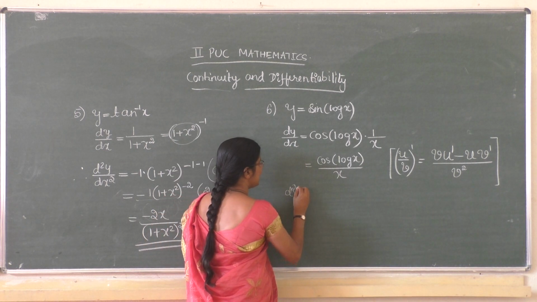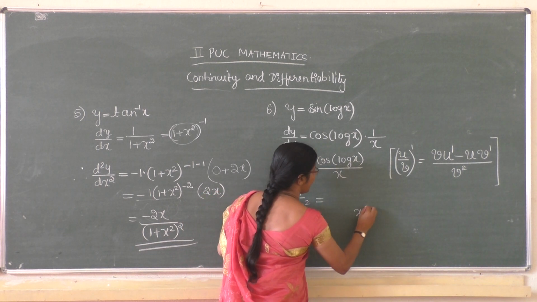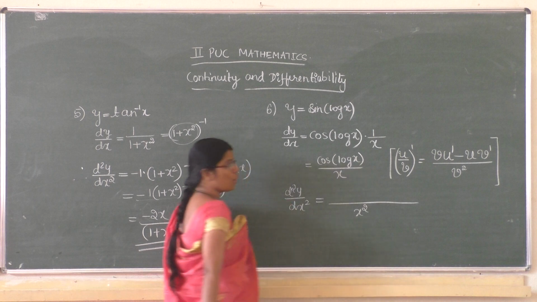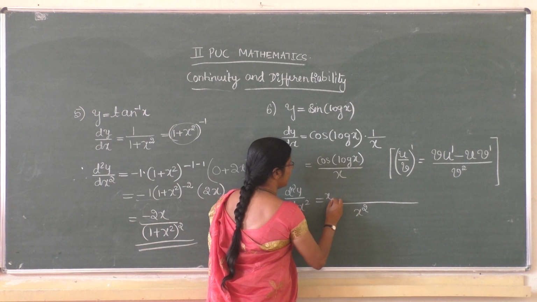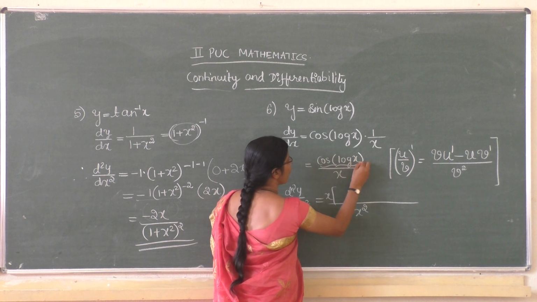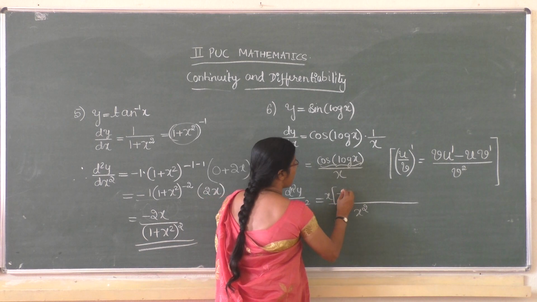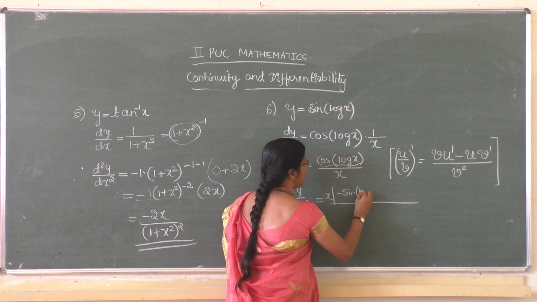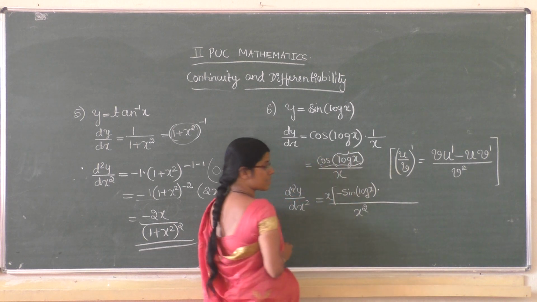So now d square y by dx square, in the denominator we have x square, that is denominator square. In the numerator x into derivative of cos log x. Derivative of cos log x is minus sin log x into derivative of log x.